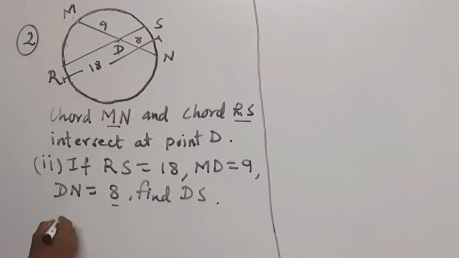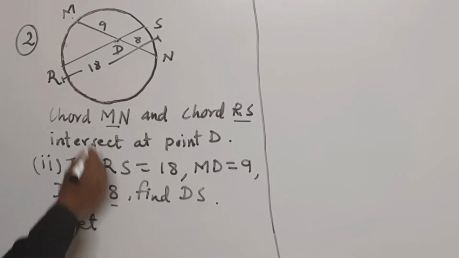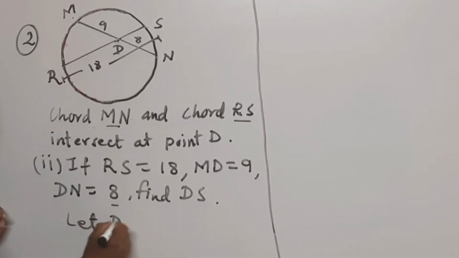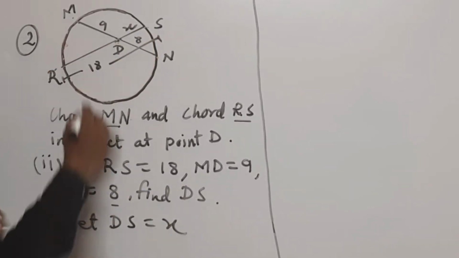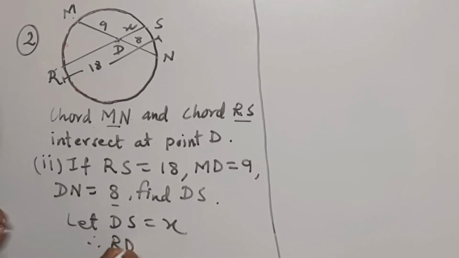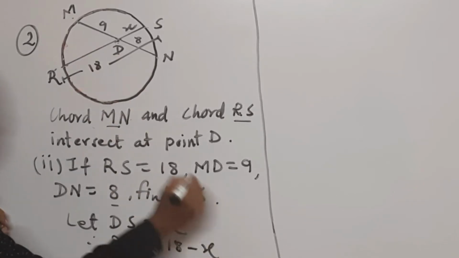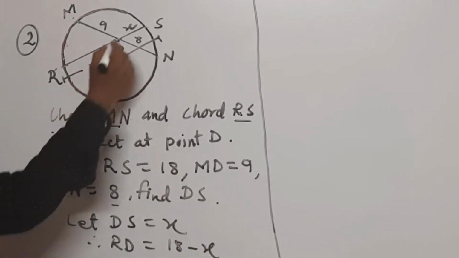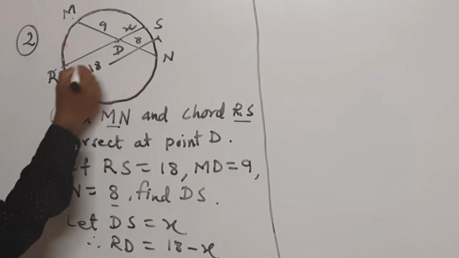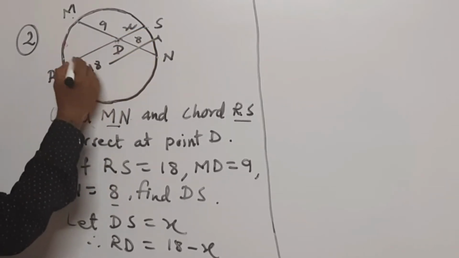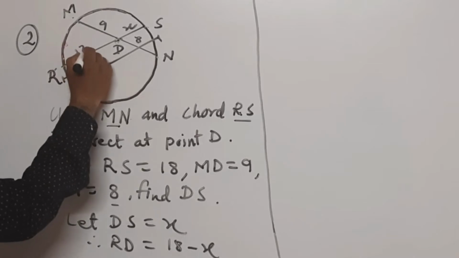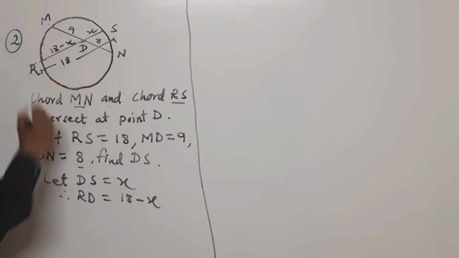So we'll assume here, let DS is equal to x. If DS is x, then complete RS is 18, so RD is equal to 18 minus x.